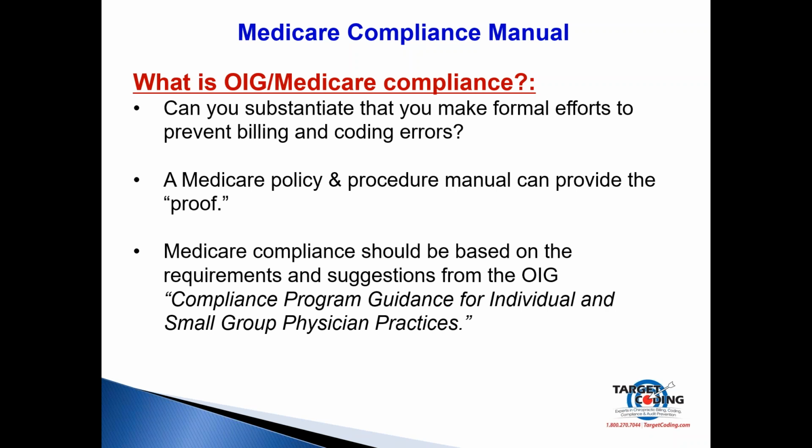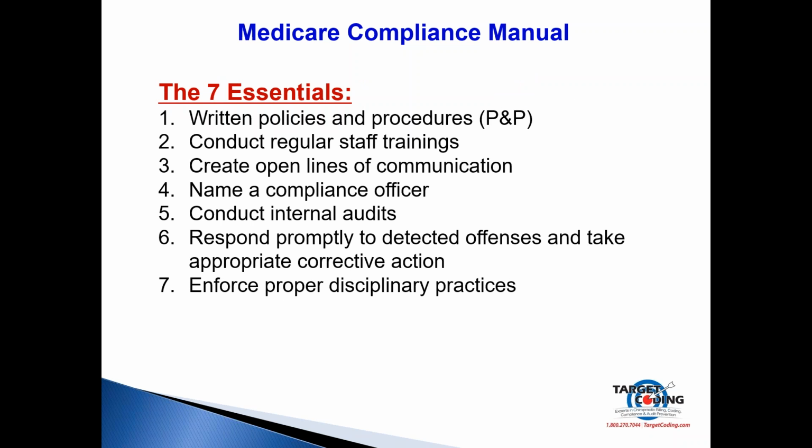Specifically, the OIG put out a recommendation checklist. It's called the Compliance Program Guidance for Individual and Small Group Physician Practices. If anybody would like a copy of that, just let me know. But I'm going to be giving you the main points of it right now. These 7 essentials are the key to creating a Medicare policy and procedure manual.